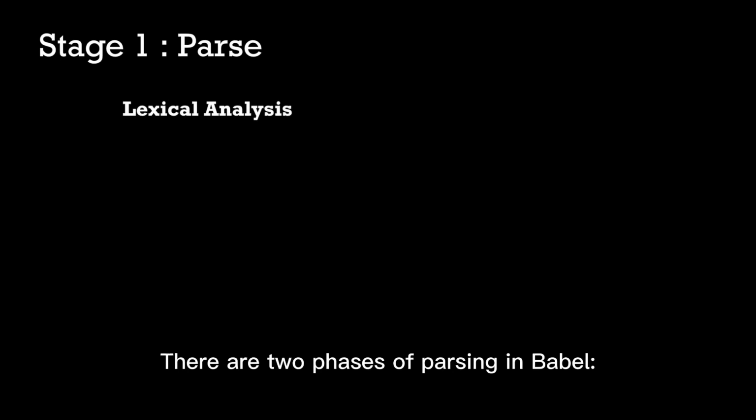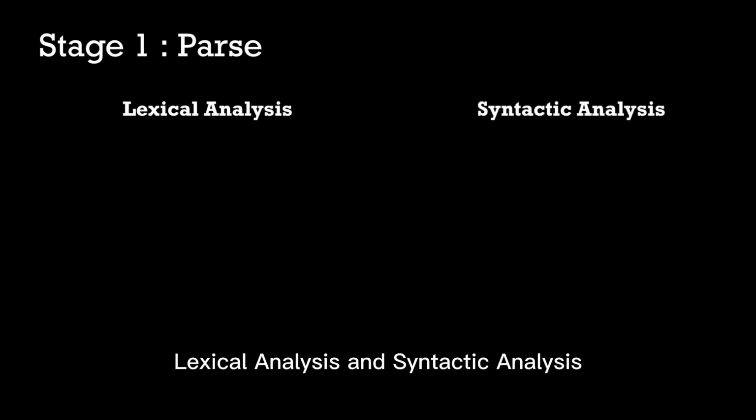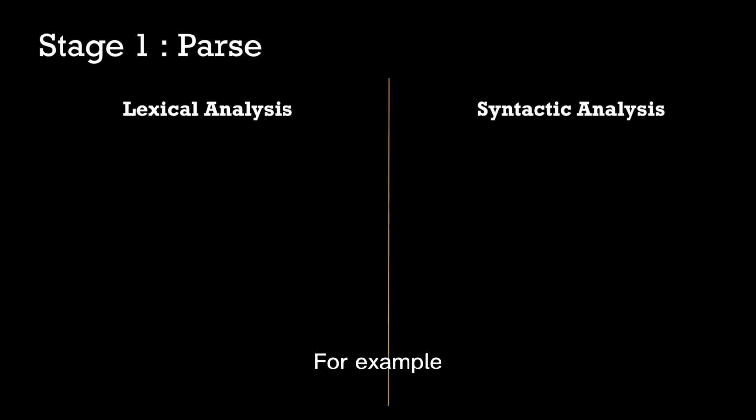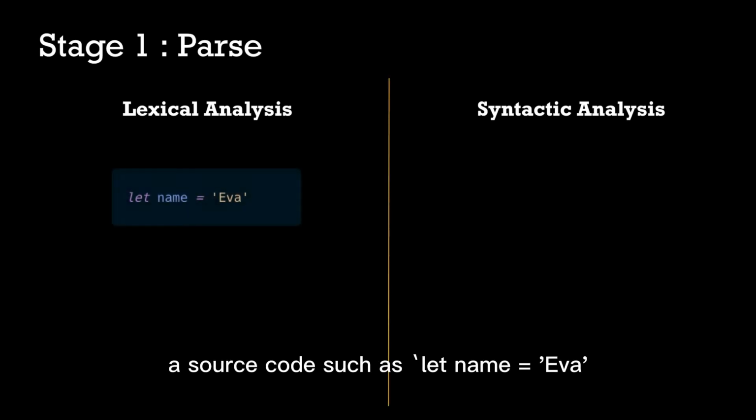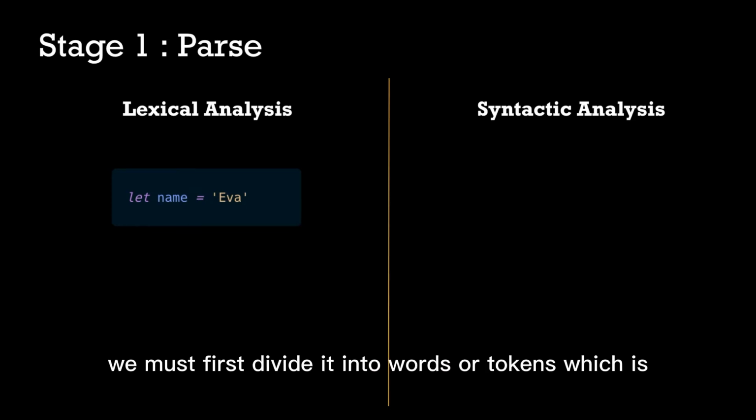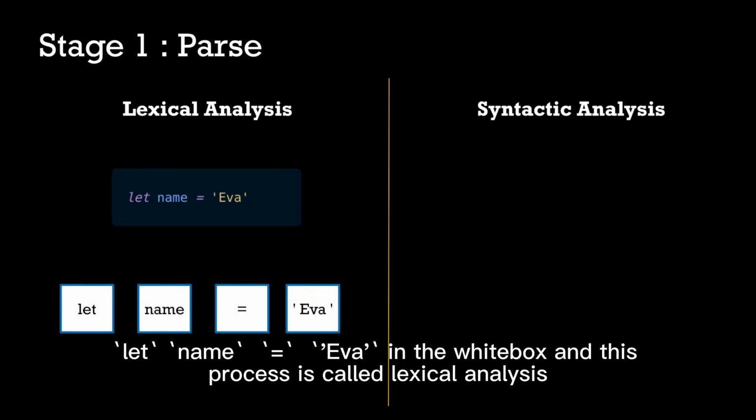And there are 2 phases of parsing in Babel: lexical analysis and syntactic analysis. For example, with source code such as let name equals Eva, we must first divide it into words or tokens, which is let, name, equals, Eva in the white box.